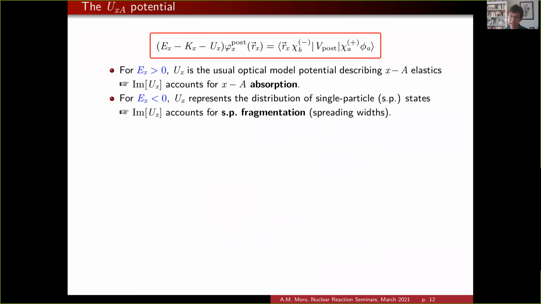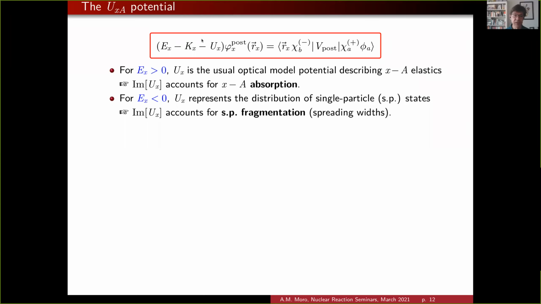Before showing the comparison with the data, let me stress something that's very important and also very interesting about these theories. We have to solve once more the equation for the X-channel wave function. In the Ichimura-Austern-Vincent model, this contains a potential U. This potential arises because of the projection of the problem into the target ground state, in the same way that it appears in CDCC calculations or even in two-body scattering.